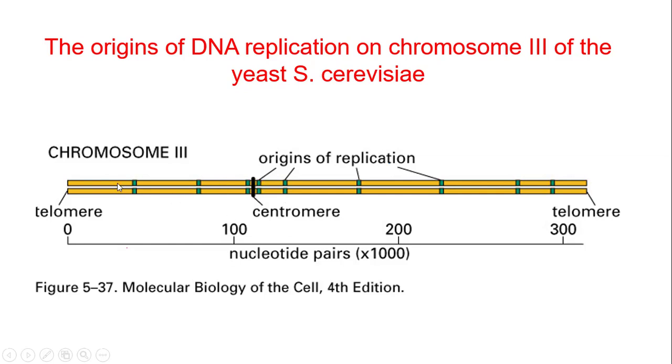Then you can see all the green stripes. What are the green stripes? They are the origins of replication. So for instance, as shown by this cartoon, let's count: 1, 2, 3, 4, 5. There are about 9 origins of replication, just as shown for you to appreciate.